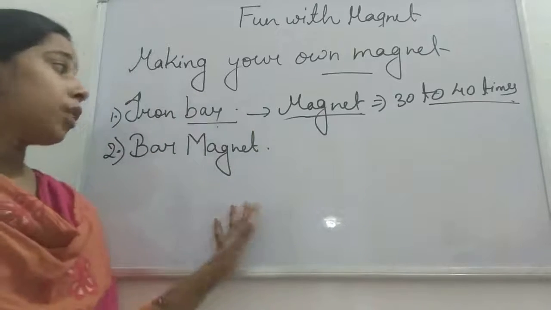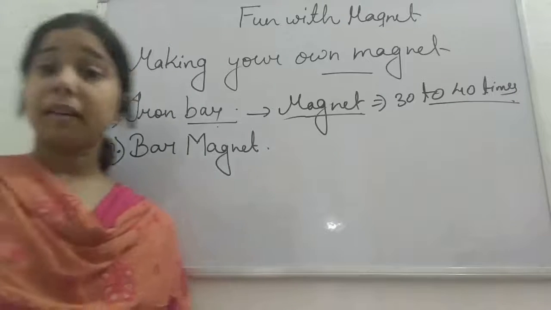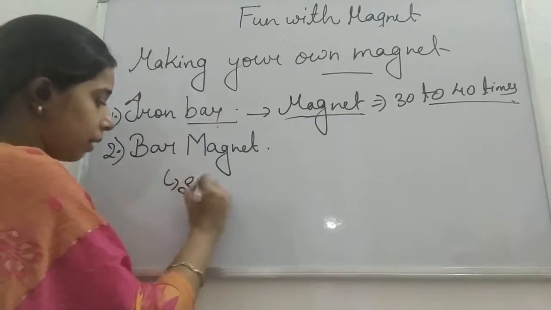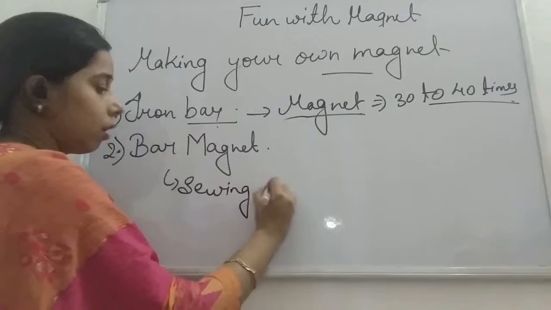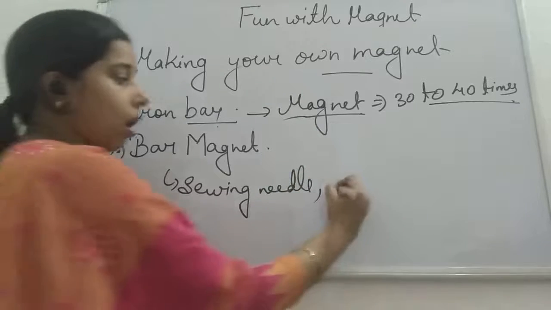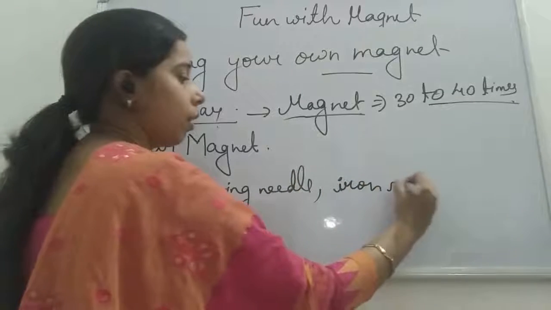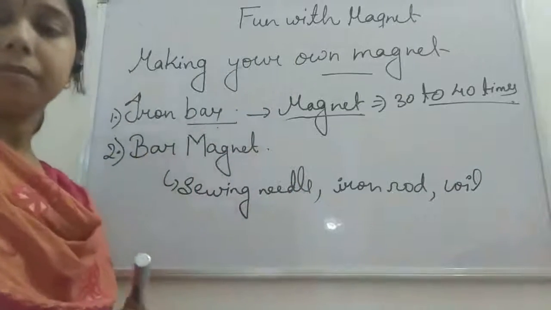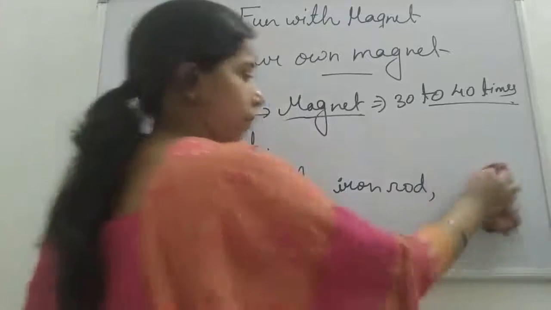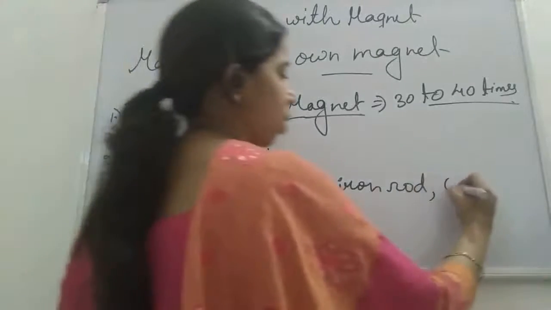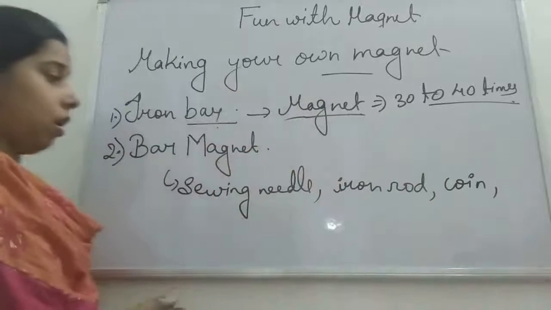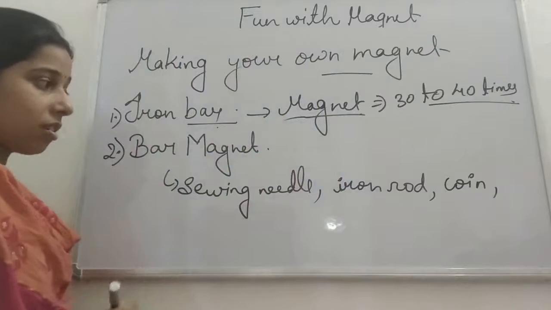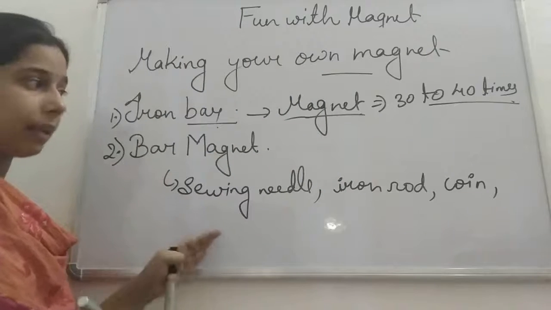Okay. So you see here, by this method we can convert not only the iron bar but also a sewing needle, an iron rod, a coin, or any material which is a magnetic material.